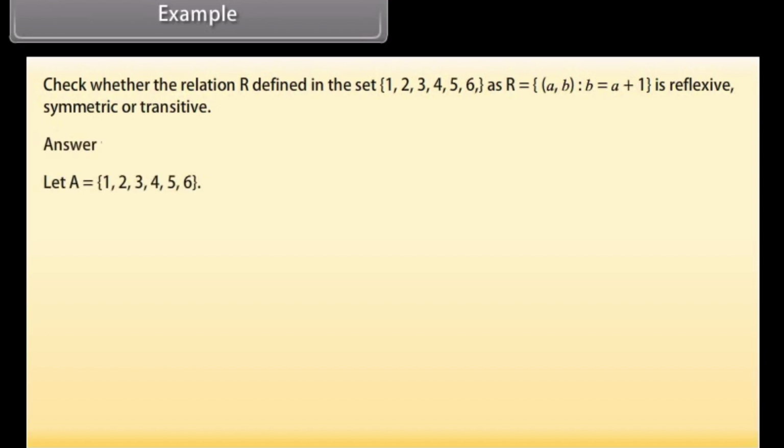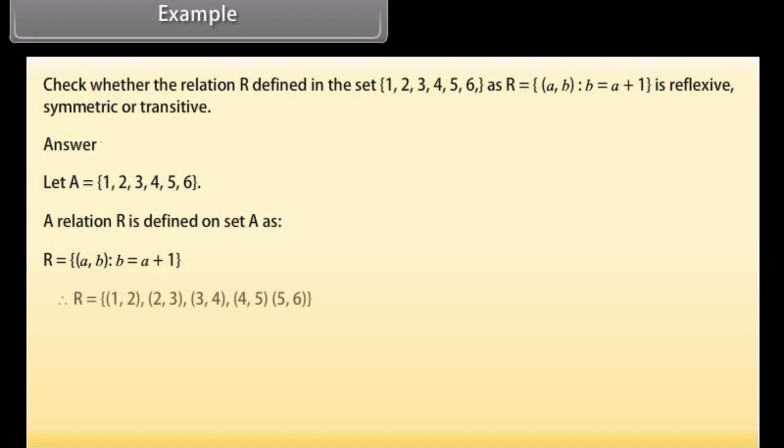Let A = {1, 2, 3, 4, 5, 6}. A relation R is defined on the set A as R = {(a, b) : b = a + 1}. Therefore, R = {(1, 2), (2, 3), (3, 4), (4, 5), (5, 6)}.